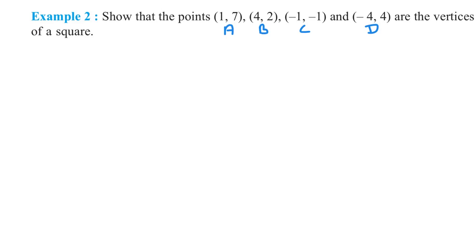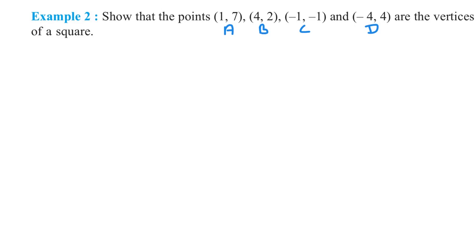So let's figure out applying the distance formula. And what is the distance formula? It is square root of x2 minus x1 the whole squared plus y2 minus y1 the whole square. You can also write it as x1 minus x2. It doesn't matter whether it's x2 minus x1 or x1 minus x2.